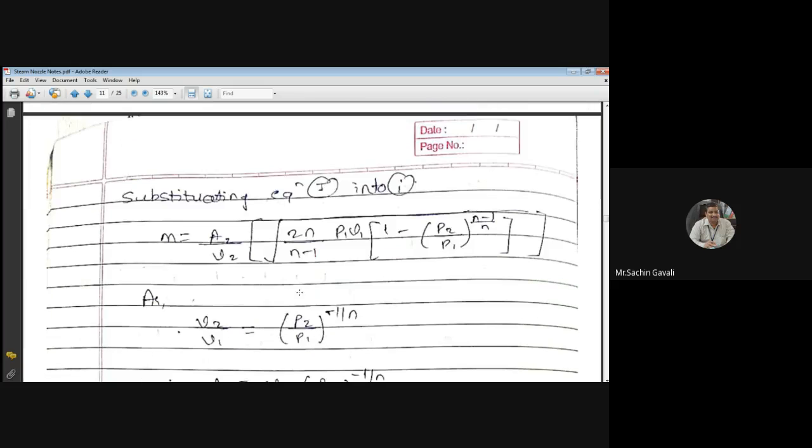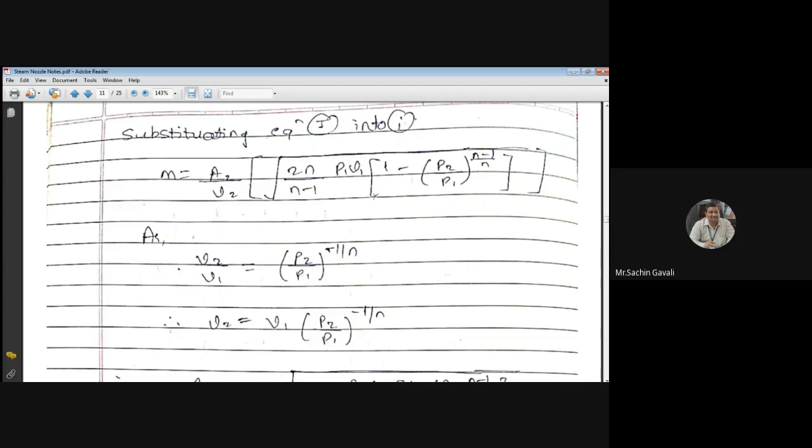Therefore m is equal to what? The c2 value we have to put. So A2 divided by small v2 into the square root of 2n upon n minus 1 p1 v1 into square bracket 1 minus p2 upon p1 raised to n minus 1 upon n. Then v2 upon v1 is equal to p2 upon p1 raised to minus 1 upon n.